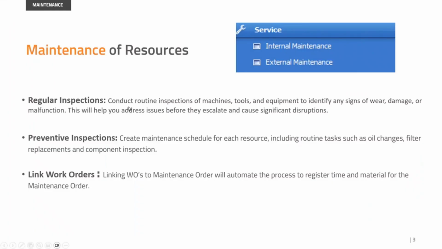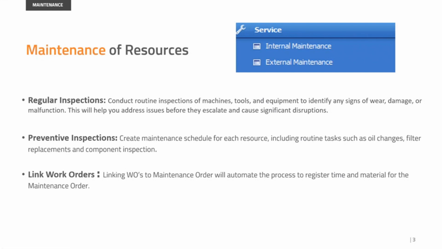So for the maintenance, it's not only the maintenance of the resources, it's also maintenance of tools, of customer equipment, of serial numbers. So we have a lot of functions there. We separate it by internal maintenance and external maintenance. What we can do there is have regular inspections or preventive inspections.